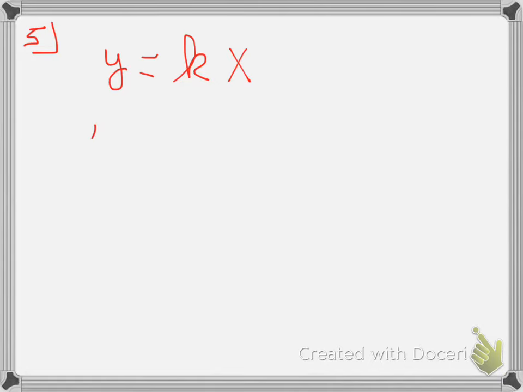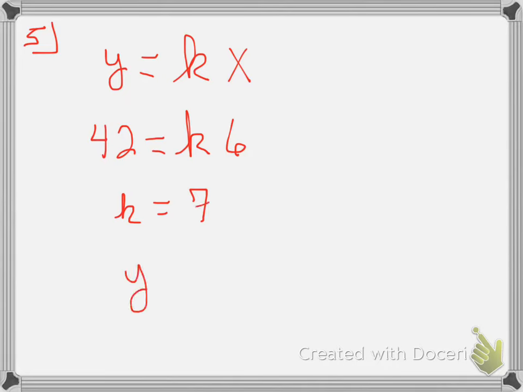And they tell us that y equals 42 when x equals 6. So the idea then is we solve for k. 42 divided by 6 gives us k equals 7. So the equation would be y equals 7x. Well, that was fun. Alright.